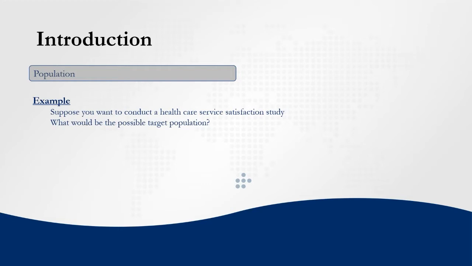But maybe in some cases you might know that you want to look at a particular geographic area. So what comes to your mind in terms of the possible target population? I was hoping that I would be able to see your thoughts on the chat with regards to when I pose something like that, what comes to your mind with regards to a potential target population?